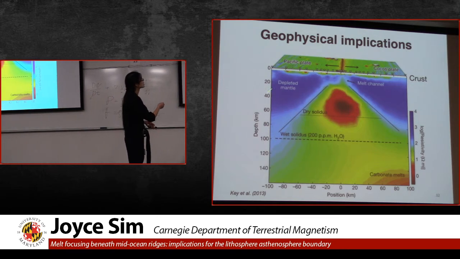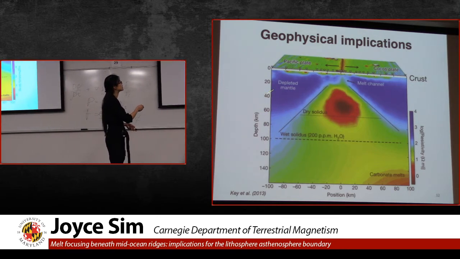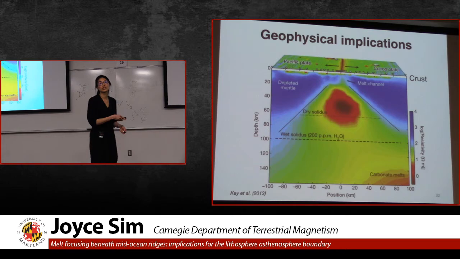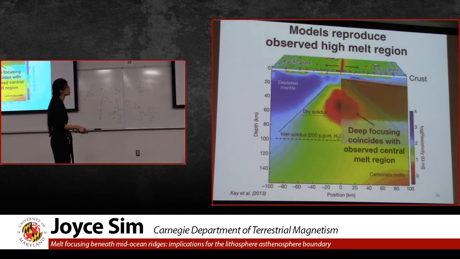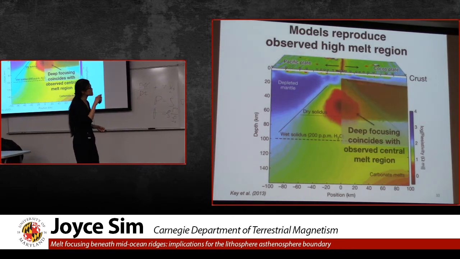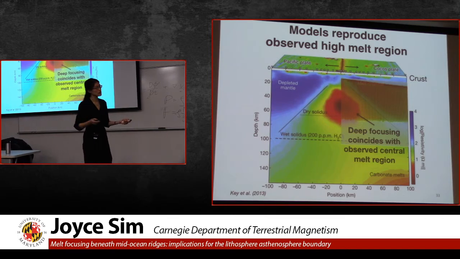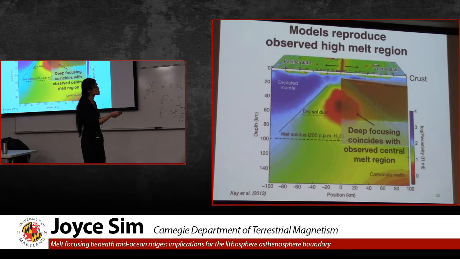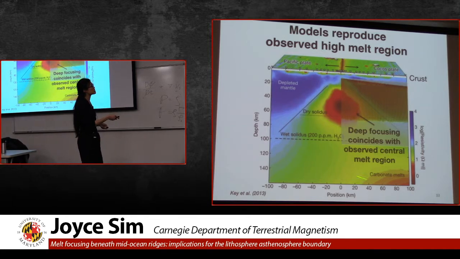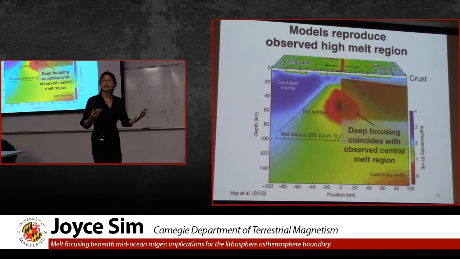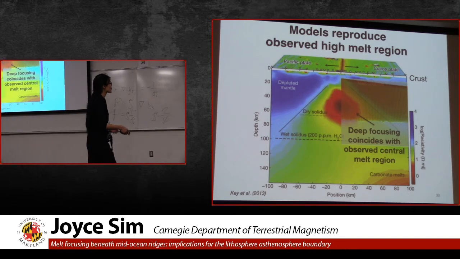And then it's also pretty depleted and devoid of anything else on the side. So we can compare right away to our models and see whether they match or not. So the models do produce the observed high melt region. The amount of melt might not match absolutely, but this deep focusing actually coincides with that. And so maybe that's actually what's happening in terms of melt transport.